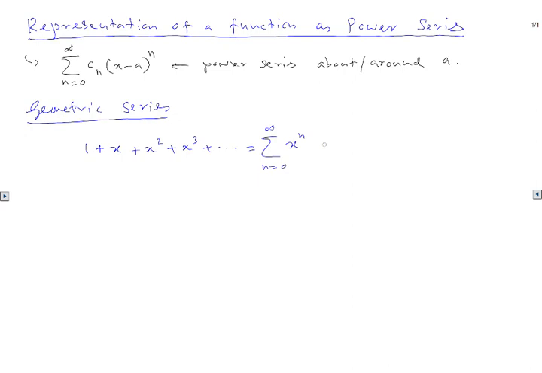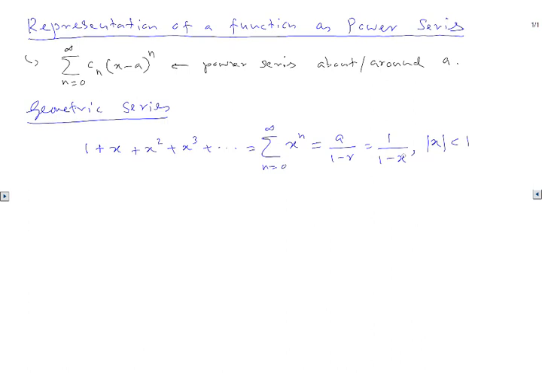We also know that if the absolute value of r is less than 1, this series is going to converge to a over 1 minus r. In this case, a is 1, so the series simply equals 1 over 1 minus x.